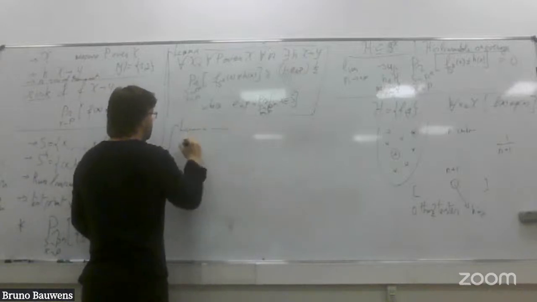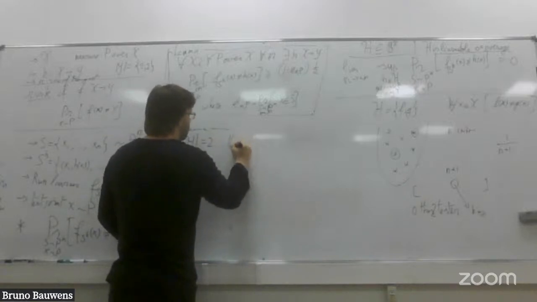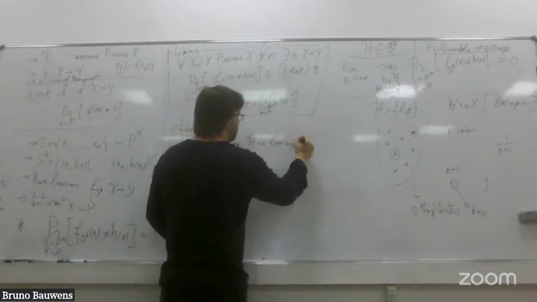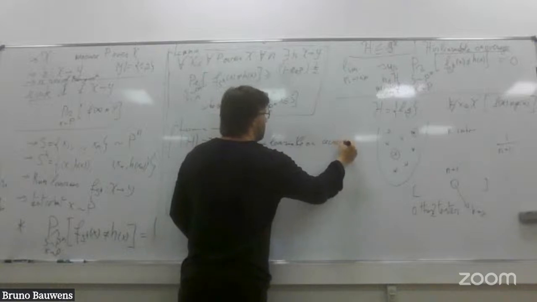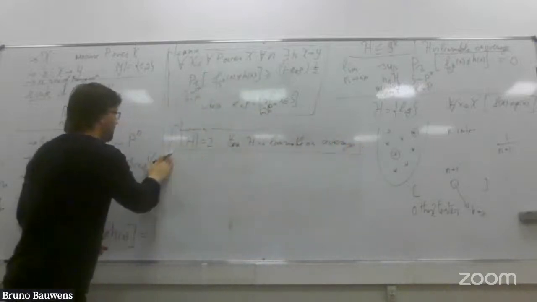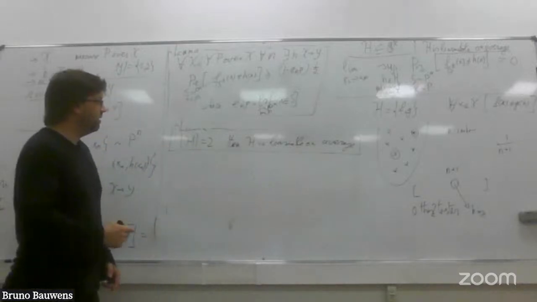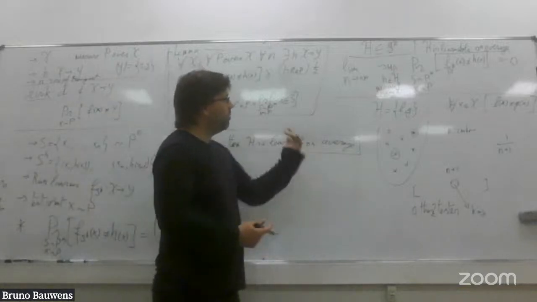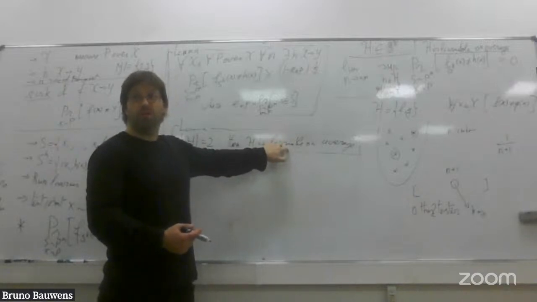So lemma: if |H| equals 2, then H is learnable on average. Okay, and so proof. So what is the problem here to prove this?